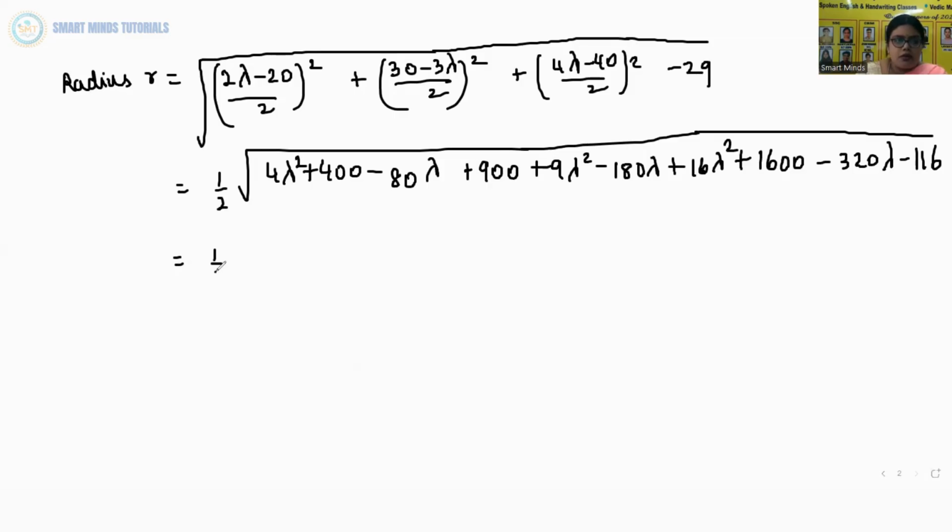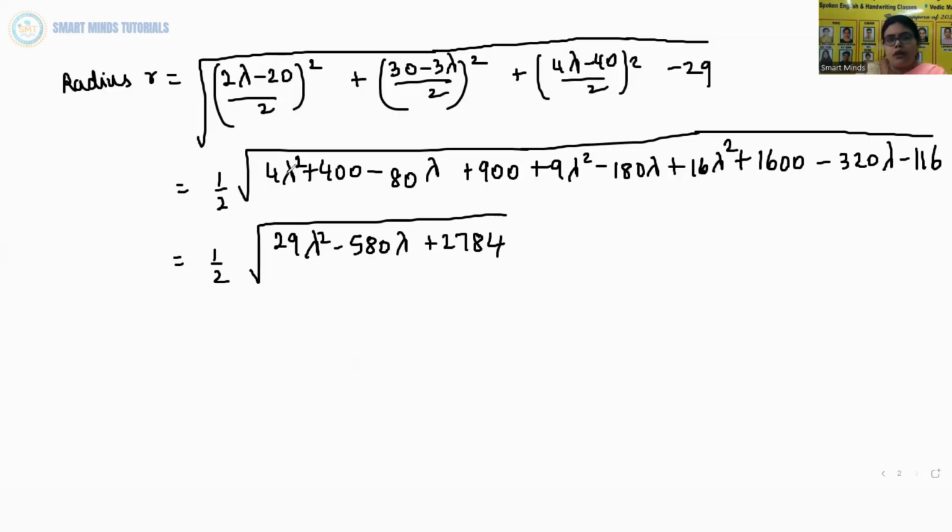So that is equal to half into root over, if you simplify them all, you will get 29 lambda square minus 580 lambda plus 2784.